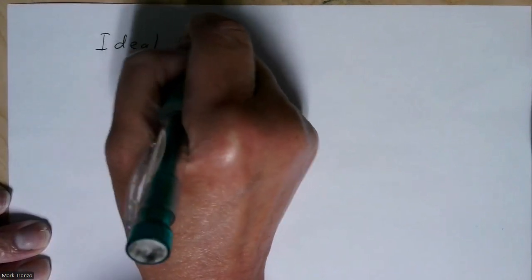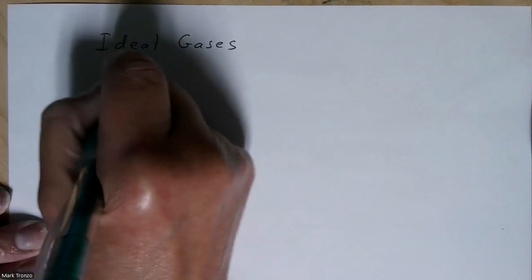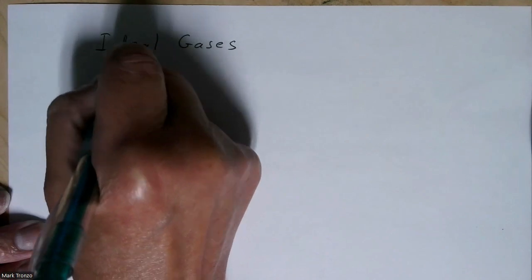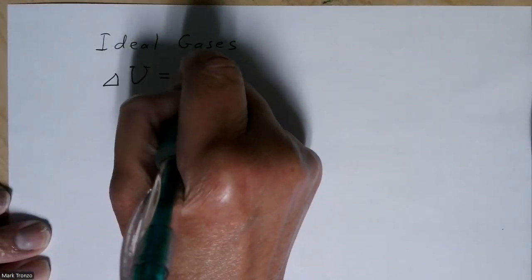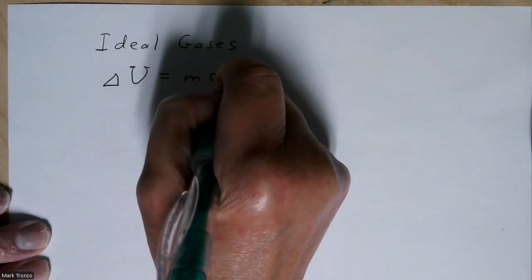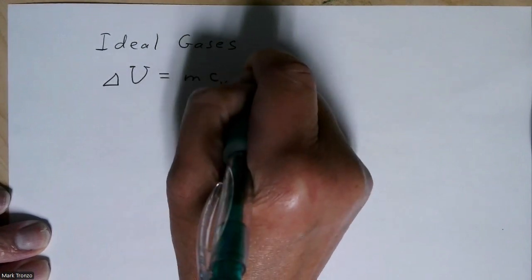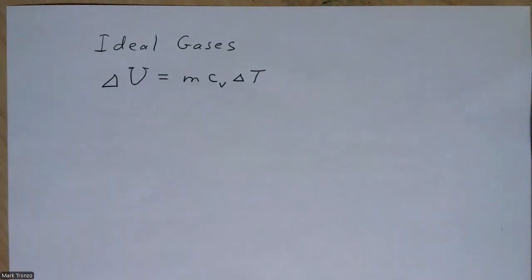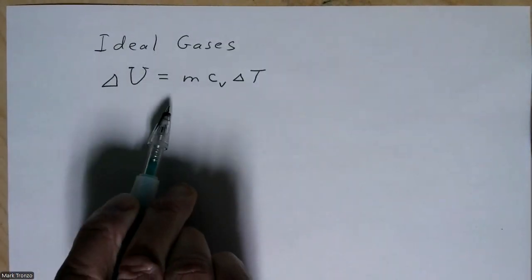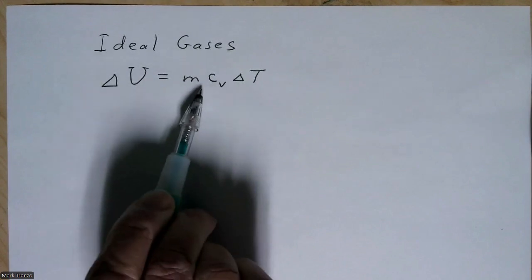Now, for ideal gases, the change in internal energy is m C_V delta T, very similar to what we saw for liquids and solids.